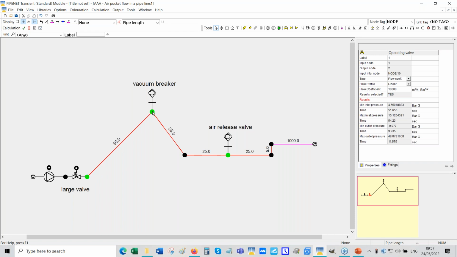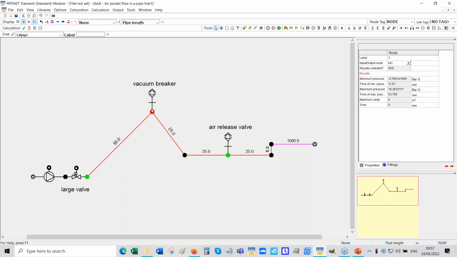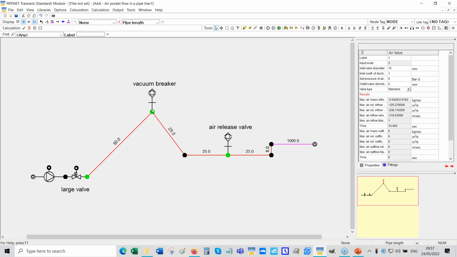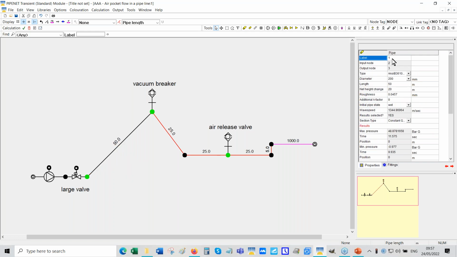Because the pressure here may not have gone below atmospheric pressure. In other words, the vacuum breaker may not allow air to come into the system, and cavitation may start here. So let's have a look at what's happening in that pipe, which is pipe 1.